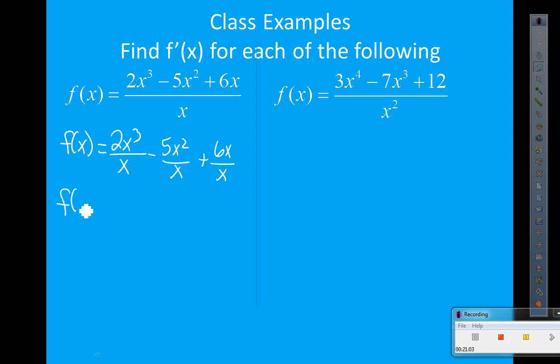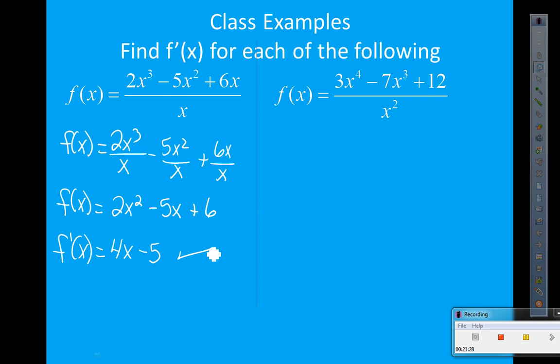So here's what f of x is. 2x cubed over x is 2x squared. Negative 5x squared over x is minus 5x plus 6. I just simplified f of x. Now I'm ready to do the derivative. The derivative of this is going to be 4x minus 5. And we got it.